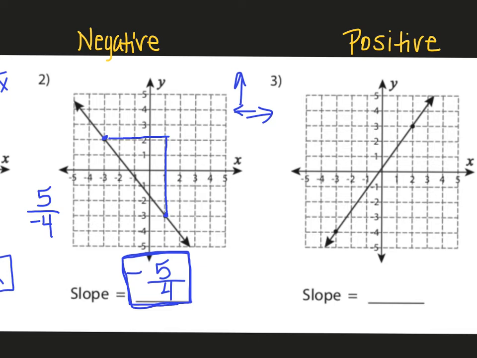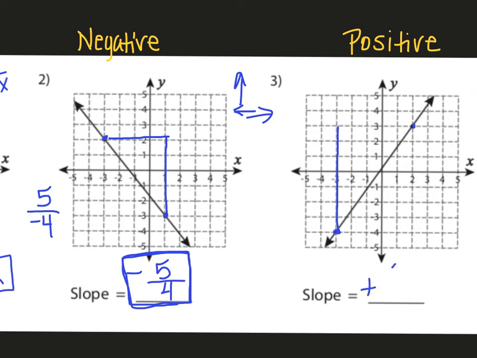Usually it's a ratio because they're wanting to compare the change in y to the change in x. And you'll see more about what that means later. So this one you have 2 points. So I'm going to go rise over run. So 1, 2, 3, 4, 5, 6, 7.